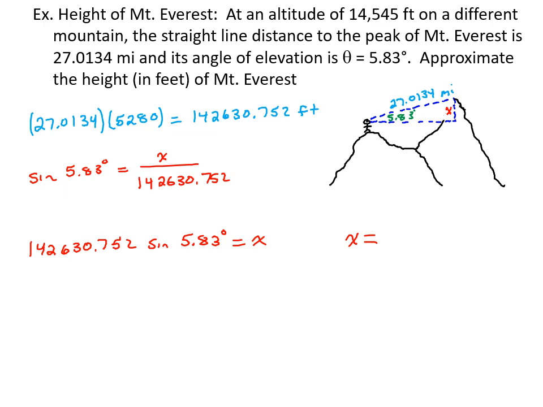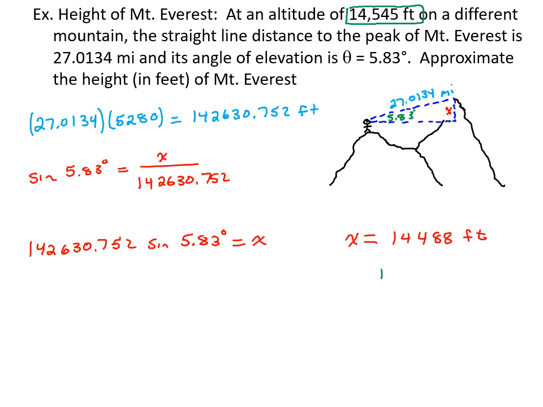And I get x to be about 14,488 feet. That is not your answer. Keep that in mind. So the 14,488 is not the height of Mount Everest, because you were already 14,545 feet up in the air.